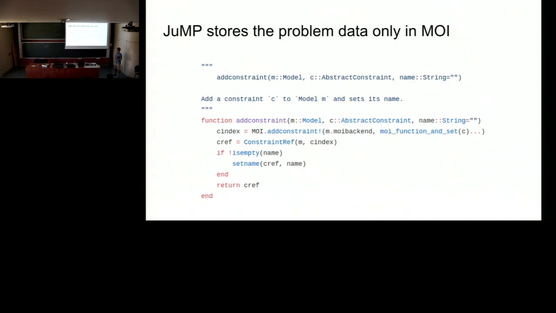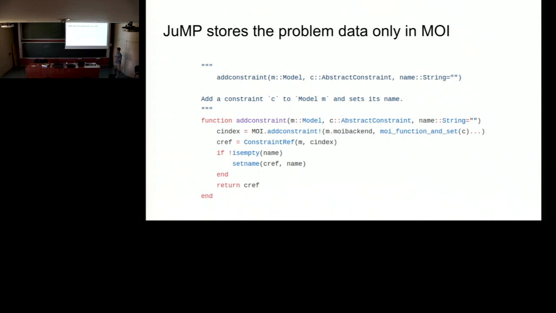The way we deal with this is we now store the problem data only in MOI format. Previously, JuMP had an extra copy of the problem data. For example, the linear constraints would be a vector of linear constraint objects at the JuMP level. We've thrown that out, and now the only place where JuMP stores problem data is in the MOI backend object.